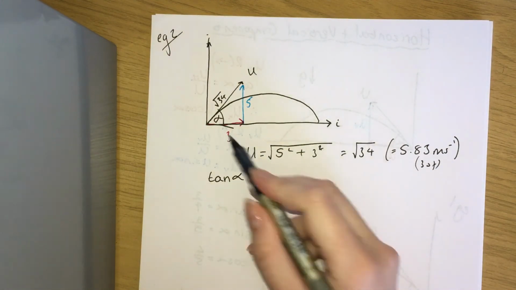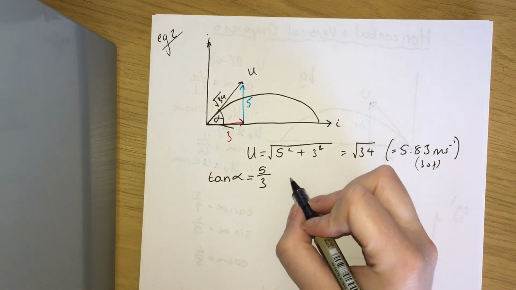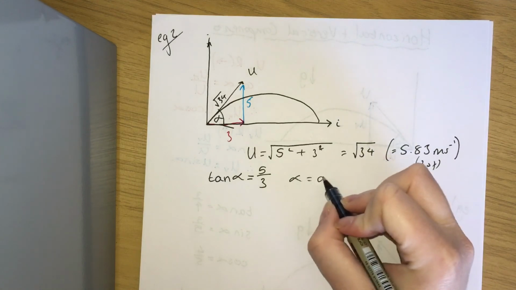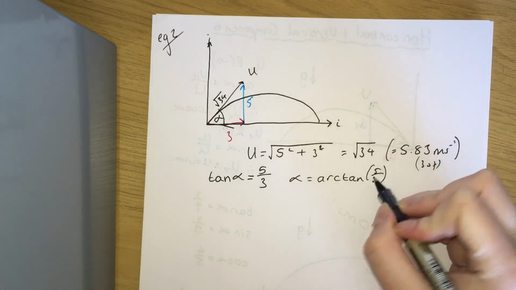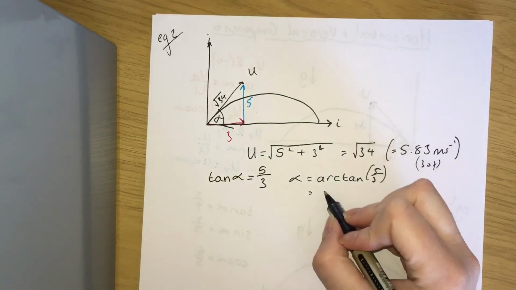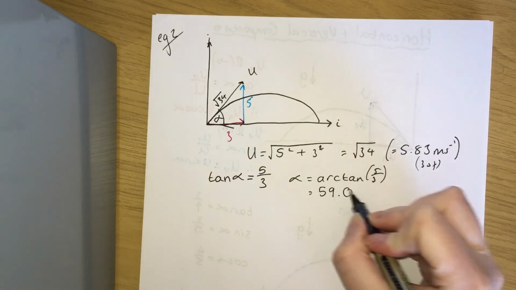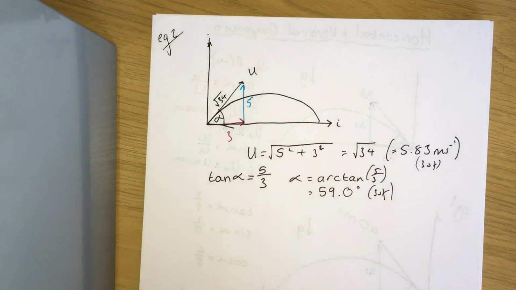So tan of alpha will be 5 over 3. So alpha is arctan of 5 over 3, which is 59.0 degrees to 3 SF.